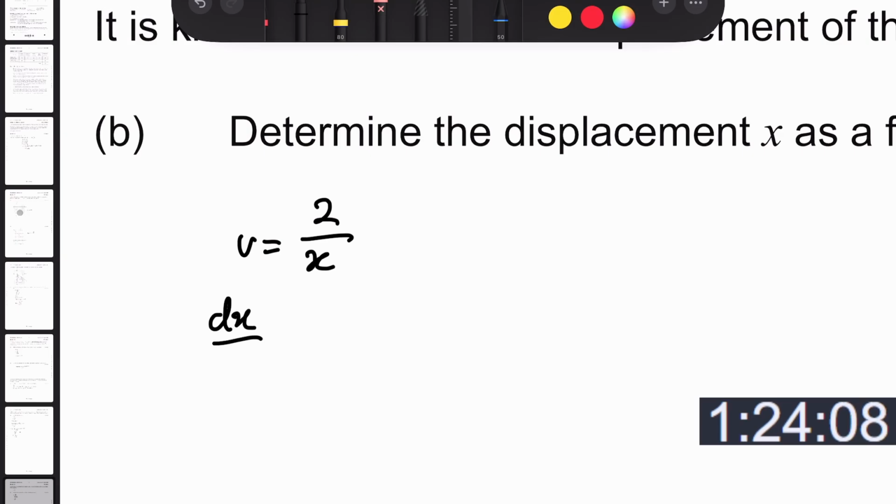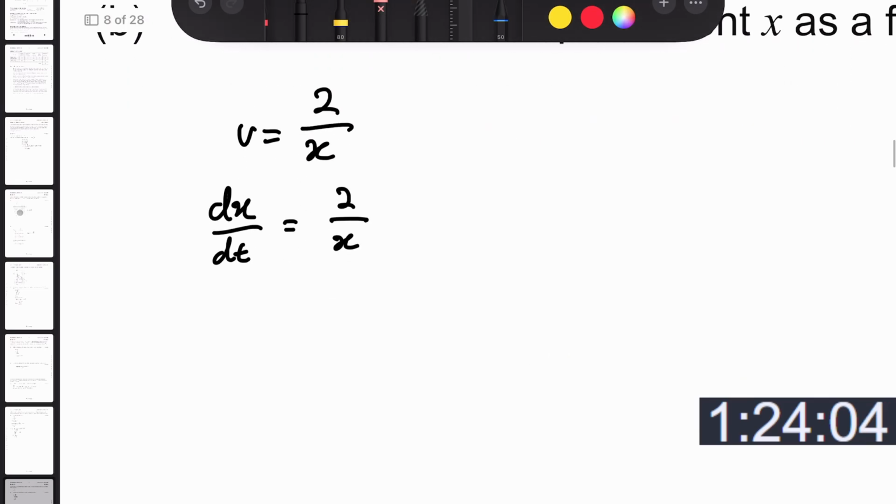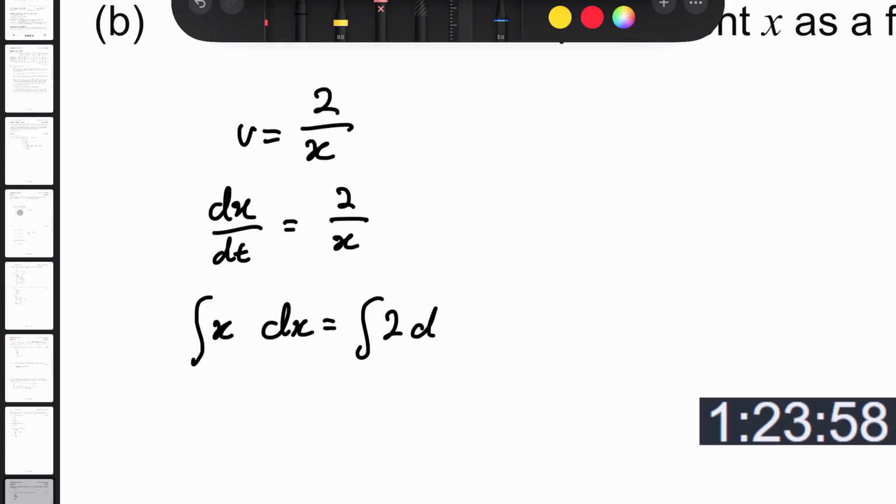And v is dx dt. So then I need to do that dx is equal to 2 dt. I completely forgot about differential equations. I think I'm doing this right though.